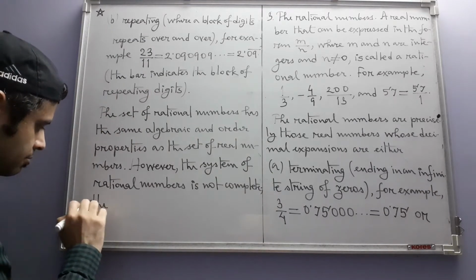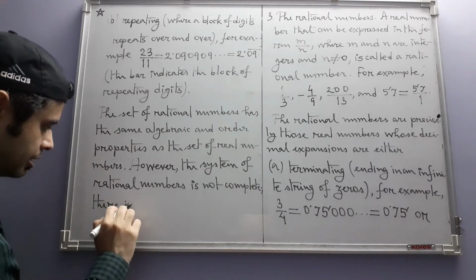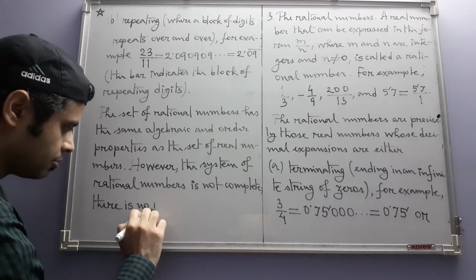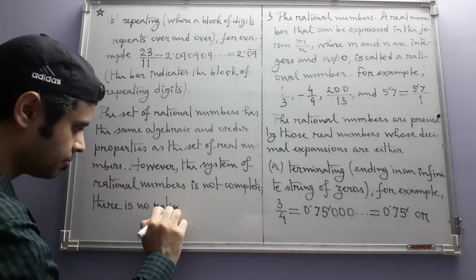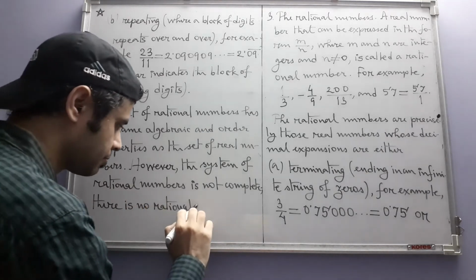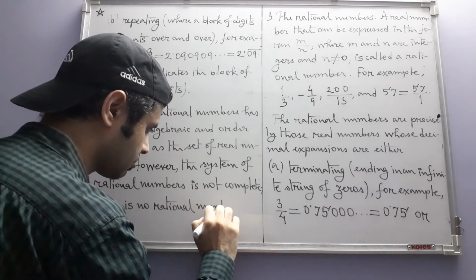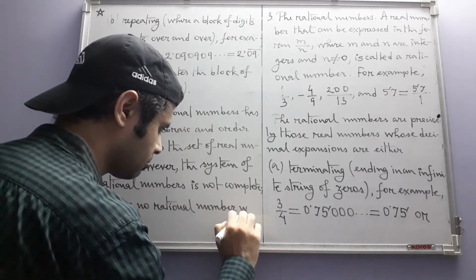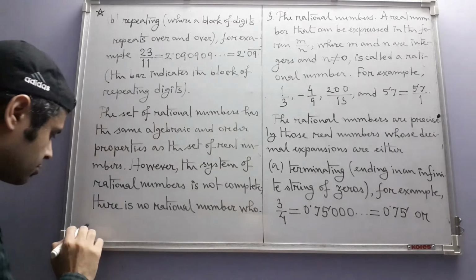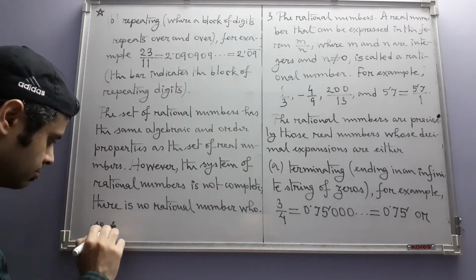For example, there is no rational number whose square is 2.